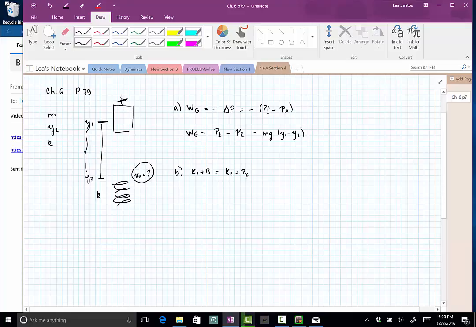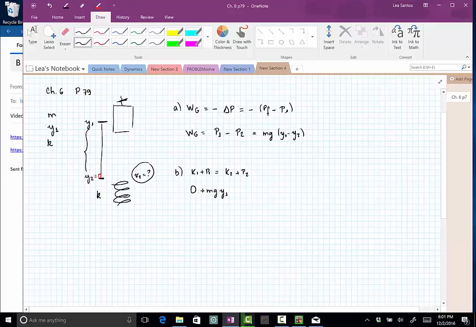And let me now define the frame that we are using. I'm going to use as frame this position here, this y2 will be 0. So the initial kinetic energy is 0. The elevator was initially not moving, but it had a lot of gravitational potential energy, so plus mg y1, and this y1 is given to us.